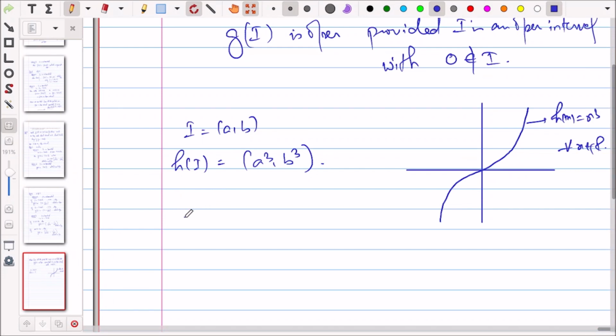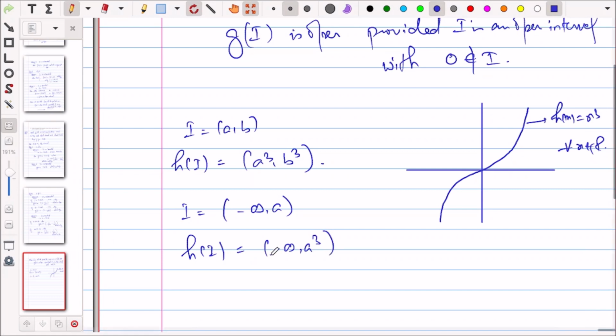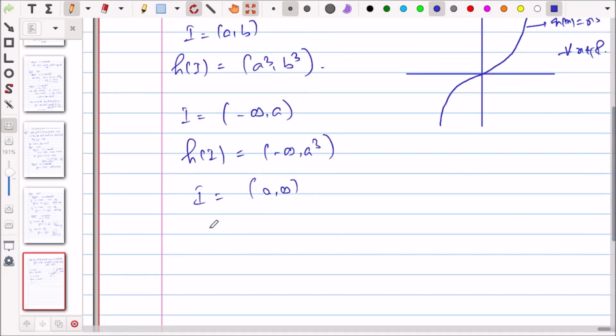If I is the unbounded interval minus infinity to a, then h of I will be minus infinity to a cube. If I equal to a to infinity, then h of I will be a cube to infinity, because h is an increasing function, so all the things will be preserved.